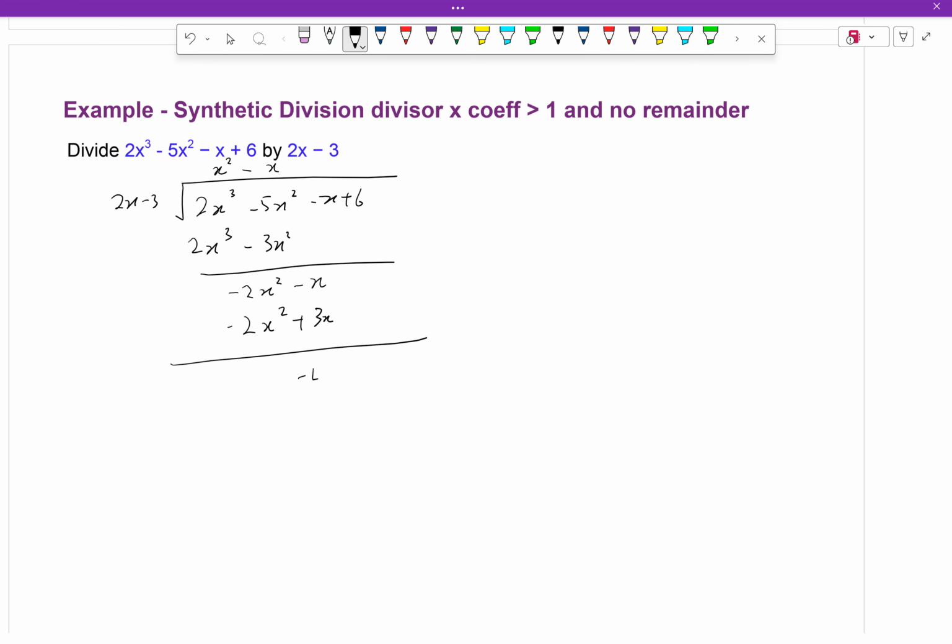So that results in negative 4x plus 6. So 4 minus 2 is just minus 2. Done. Okay, so 2x cubed minus 5x squared minus x plus 6 over 2 minus 3 equals x squared minus x plus 2. Done.